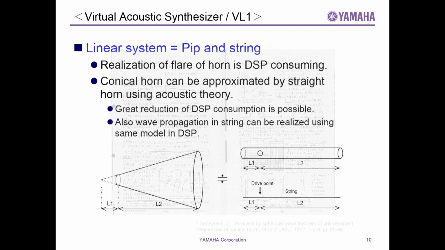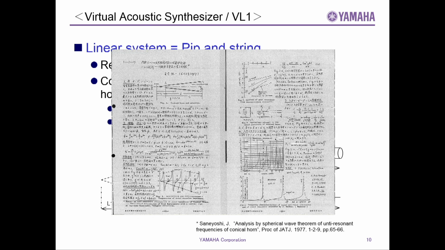But I discovered a paper that described that a straight horn can acoustically replace the conical horn in an acoustical approximation theory. This was made by Saneo Sensei, a very big father figure of the Kyushu Institute of Technology. He made this theory in 1977.